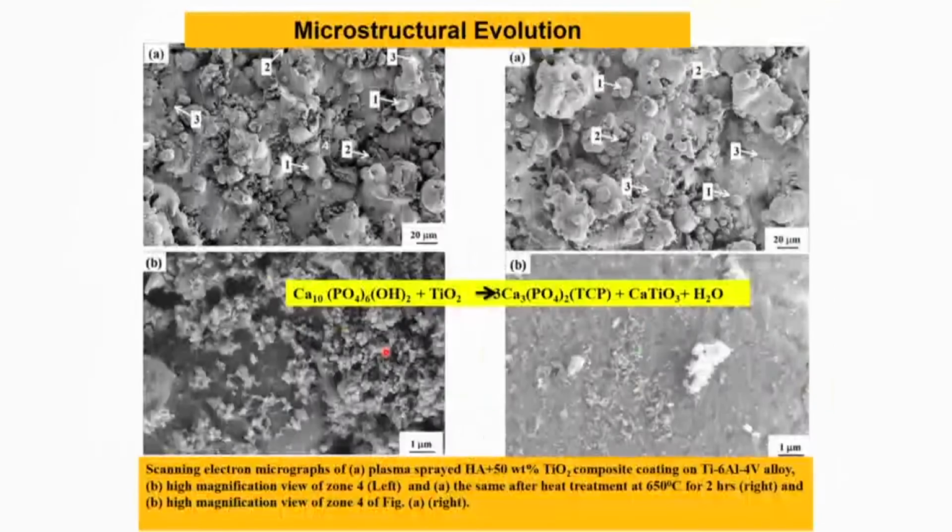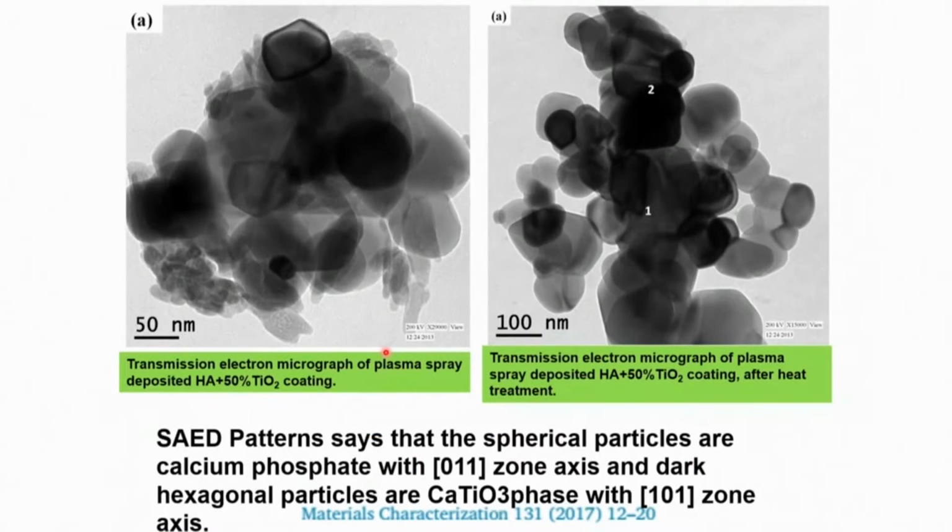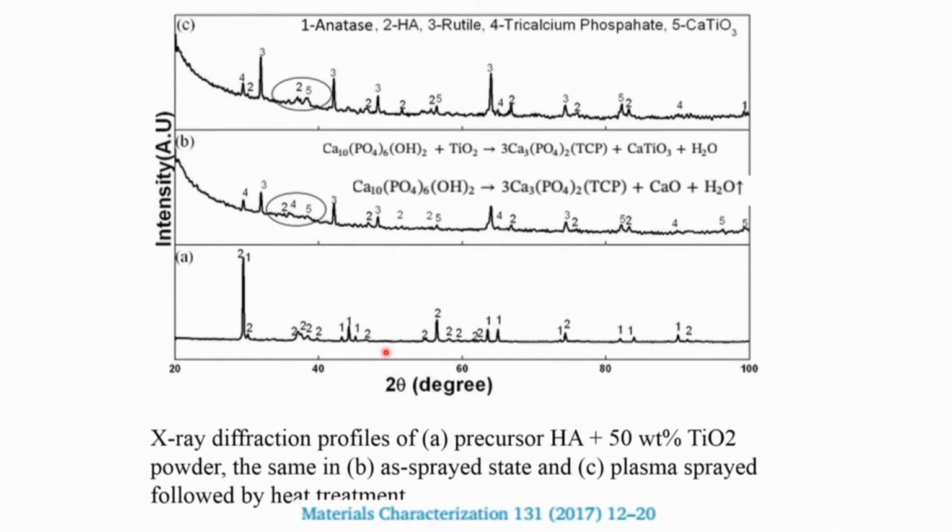Whenever you talk about coating, you see the cross section properly, so that you can make sure that coating is adherent to the surface. You can see the microstructure of the cross section as well as the microstructure of the top surface properly, so that you make sure what phases are present and how the microstructure is, because microstructure and composition play a very important role in determining the bioactivity as well as the corrosion behavior of the material.